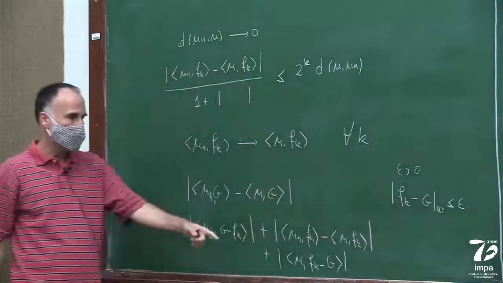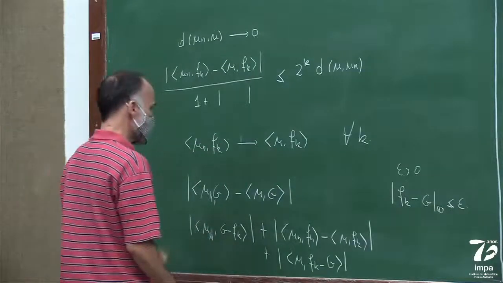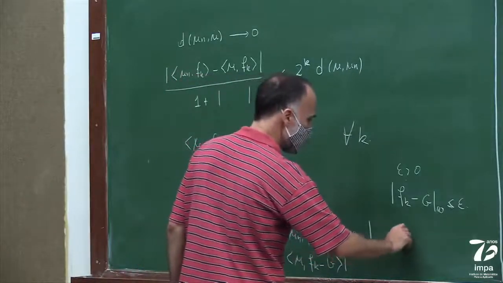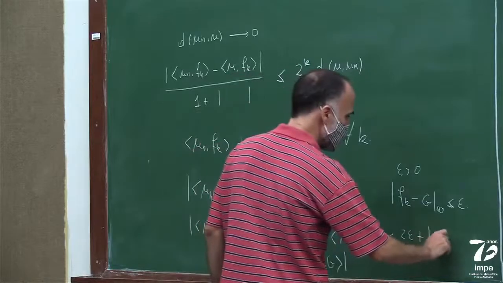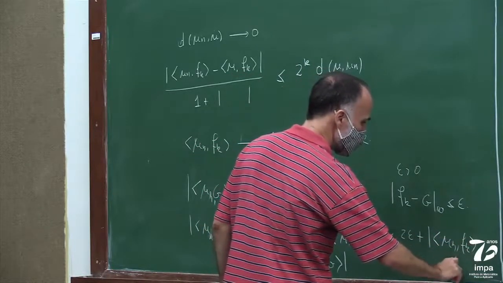So the first and the last terms are bounded by epsilon, which means that this difference is less or equal than 2 epsilon plus mu n fk minus mu fk.